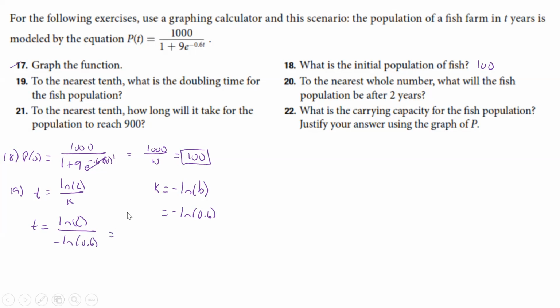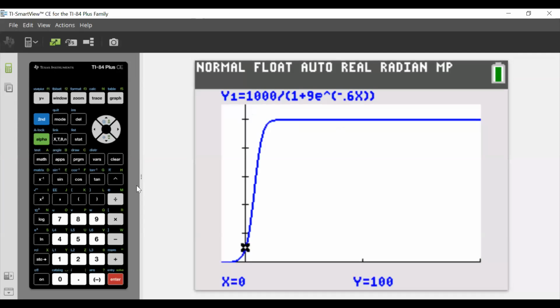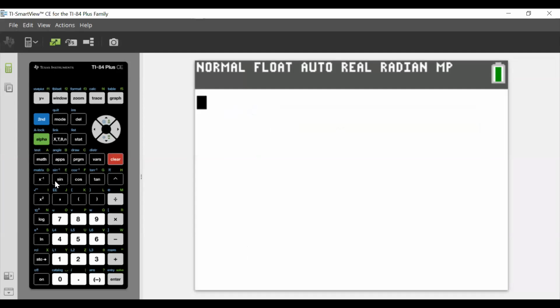If we plug that into our calculator, we get the ln of 2 divided by the ln of 0.6, and that's supposed to be the negative ln of 0.6, so we better insert a negative here. Oops, wrong place for the negative. We want the negative here.